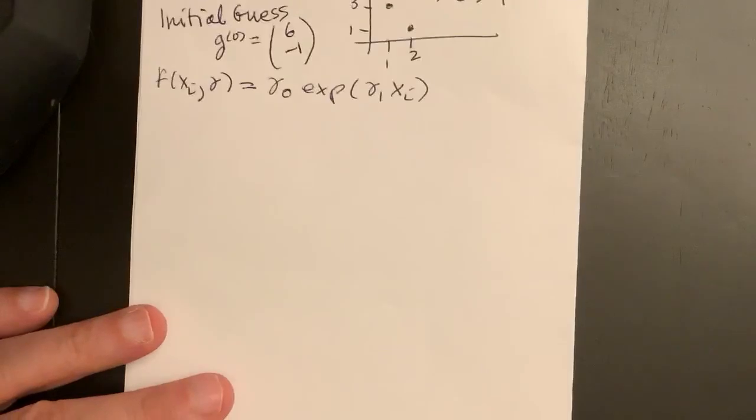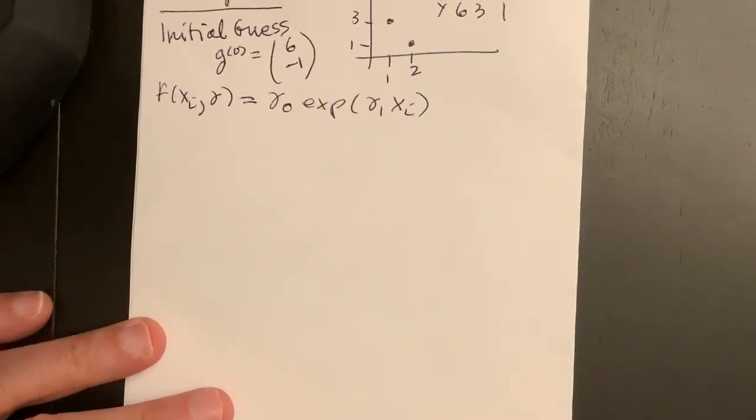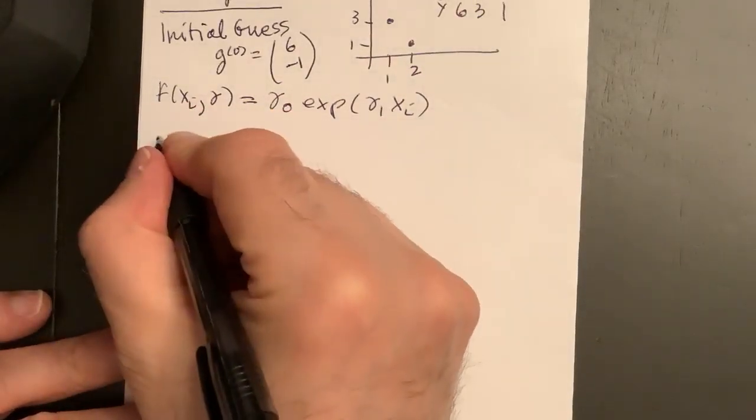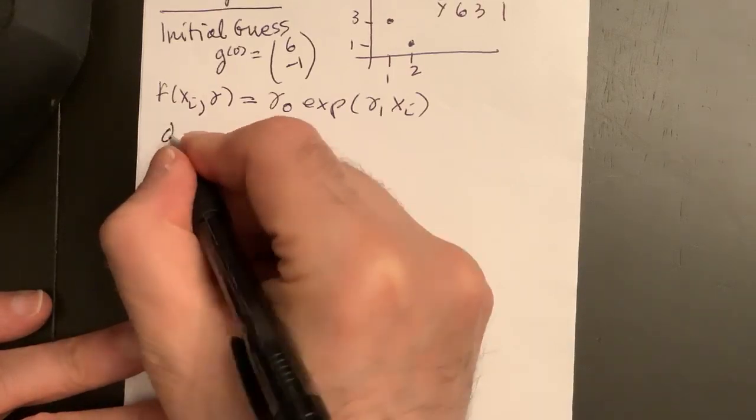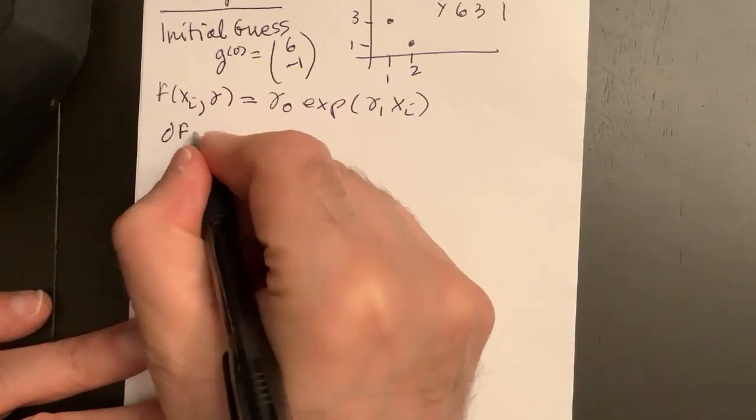We can actually do this by hand in spite of all those scary equations with the summations and everything when it's this small. Well, we can't do it all by hand, but we need the two partial derivatives.